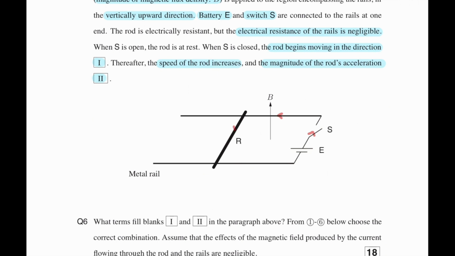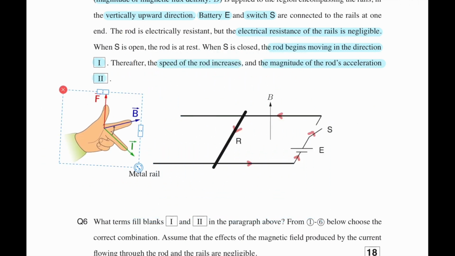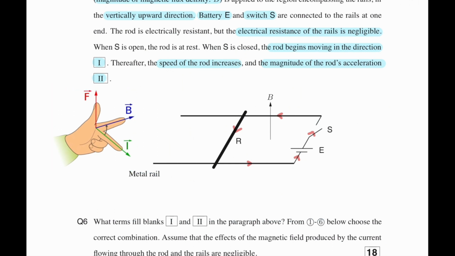You have to imagine that the switch is closed. This is the direction of current, and then you have a magnetic field directed upward like this. Once again, by using Fleming left-hand rule, we can determine the direction of magnetic force.